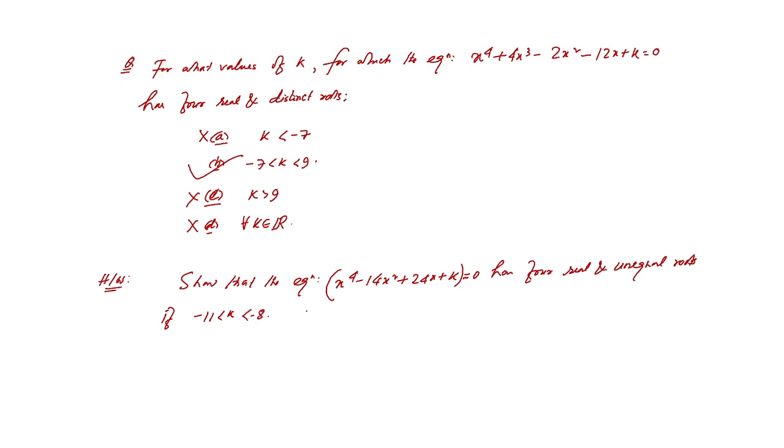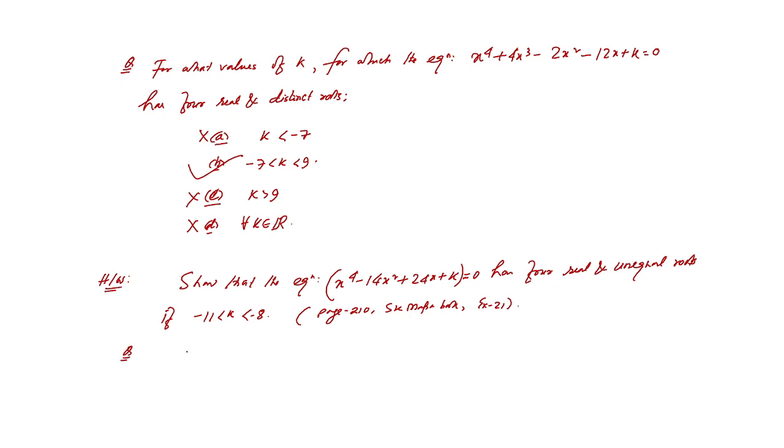Exactly in a similar way you can prove it. This exercise is given on page 210 of the book Classical Algebra, problem number 21. You can solve it in exactly the same way.